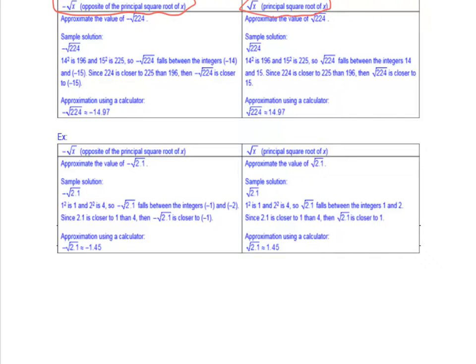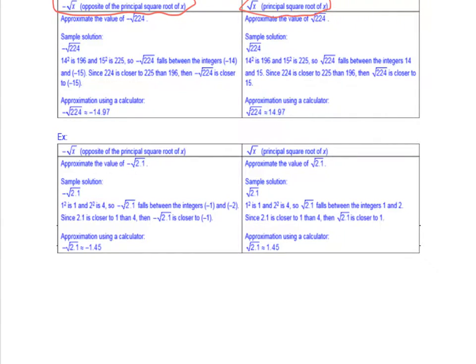Now, think about this. What is it closer to? Is it closer to 2, which means is it closer to 4, or is it closer to 1? It's almost in the middle. But if we use the calculator, how do we use this calculator?